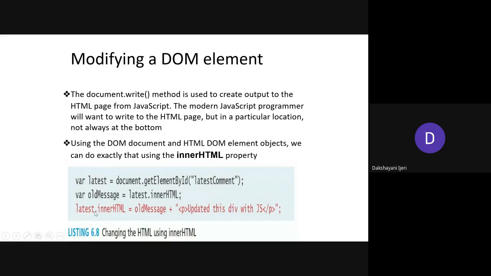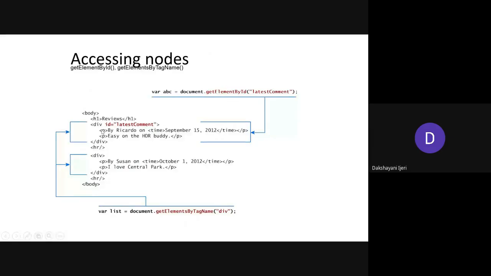Then latest dot inner HTML is the value that we want to change. We just want to concatenate one more element here. This is one way you can add one more element into the HTML section through JavaScript. Along with these two paragraph elements, I want to add one more paragraph element.